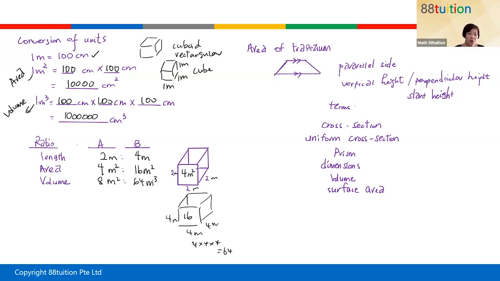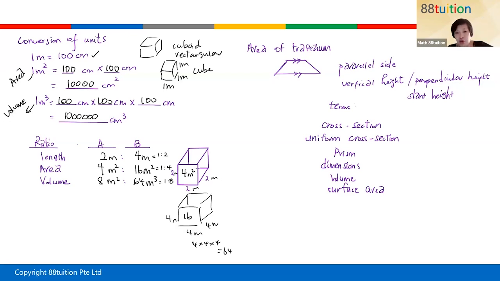So you see, when the length expands by double, the volume actually expands by a certain ratio. If you change it to simplest form, the length is 1:2. Then this one will be 1:4. And for volume, 64 divided by 8 is 8, so 1:8.